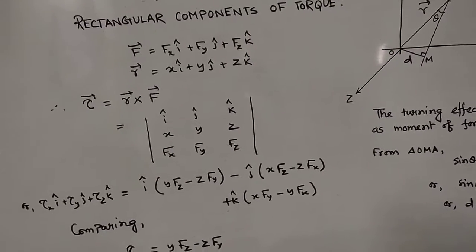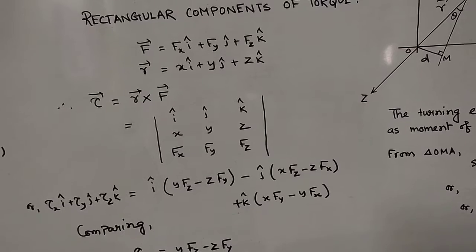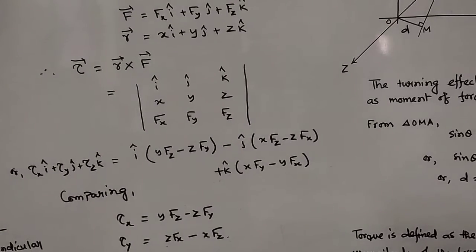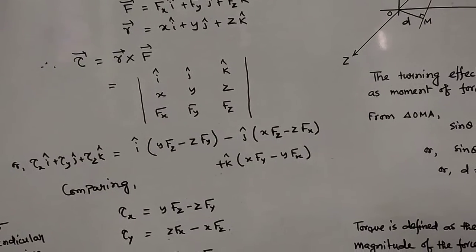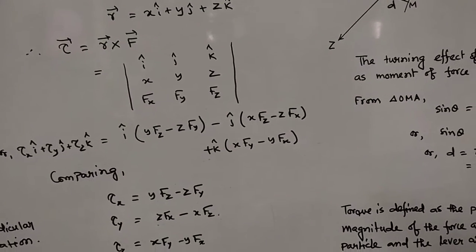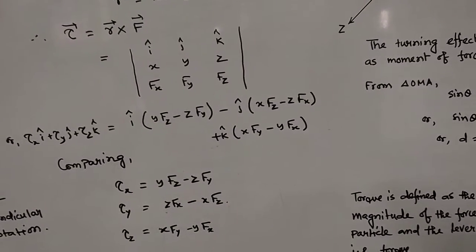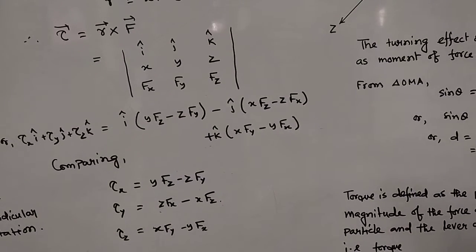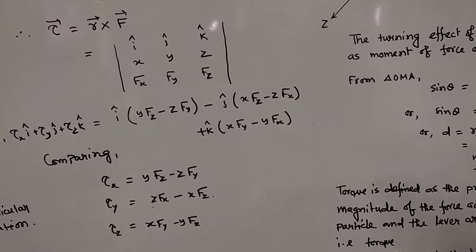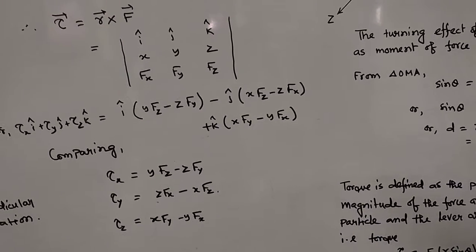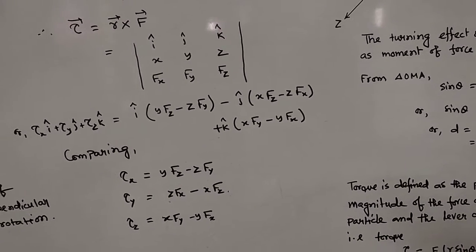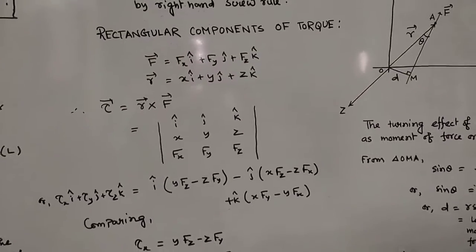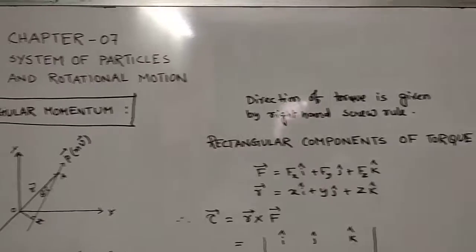So in terms of components, tau vector can be expressed as tau x i cap plus tau y j cap plus tau z k cap. If you compare, tau x equals y fz minus z fy, tau y equals, changing the negative sign, z fx minus x fz, and tau z equals x fy minus y fx. So these are the rectangular components of torque, and they come from the cross product definition.